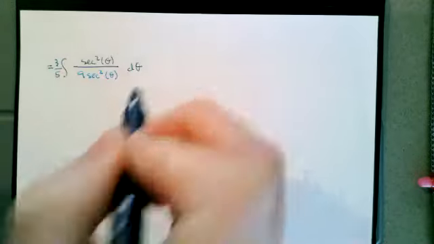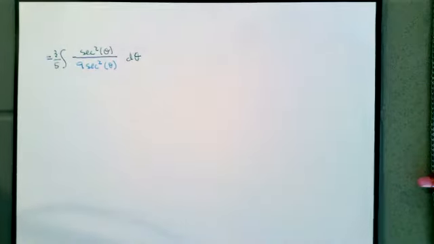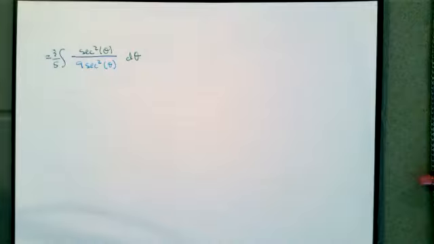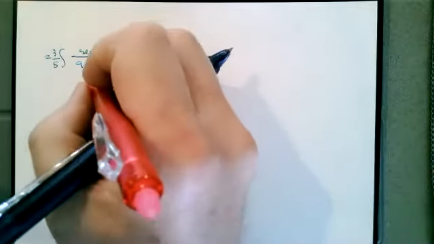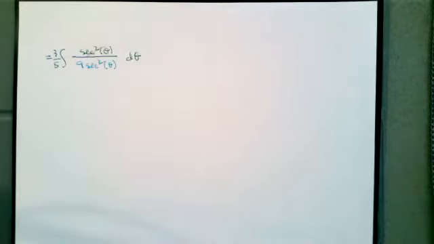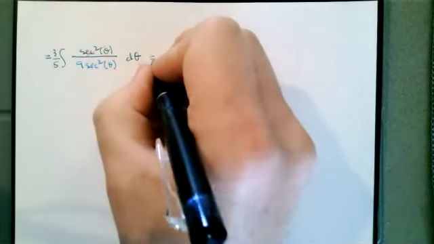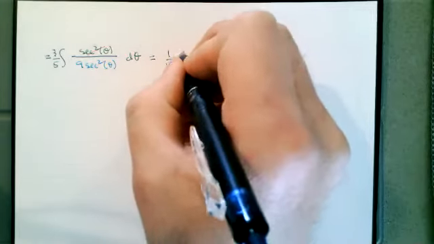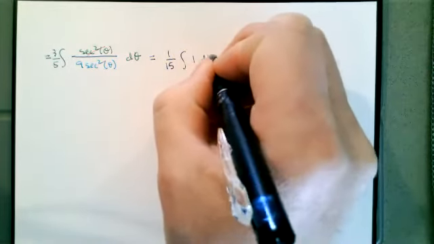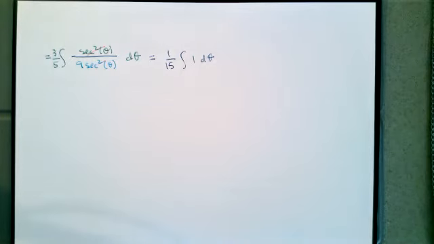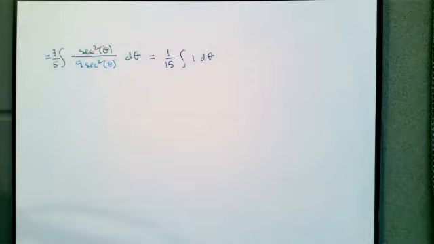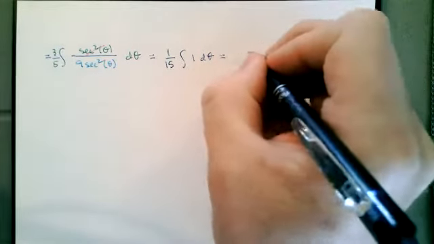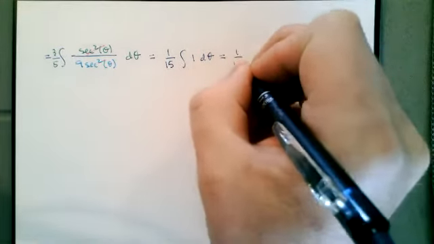I didn't give myself enough room to write the 3/5, so it had to get pulled out in front. The secant squareds cancel out, and so all we're integrating, since the 3 and the 9 cancel, is a 1/15 times the integral of 1 d theta. So the integral of 1 d theta is theta.